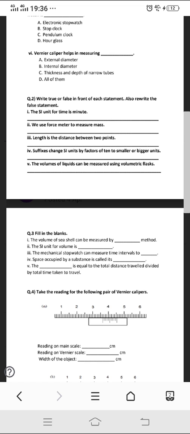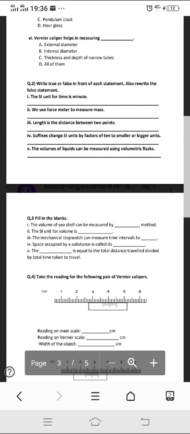So milli in this case is a prefix. Prefixes are used to change the SI unit by factors of 10 to smaller or bigger units. That's called a prefix, not a suffix, because a suffix is something that comes after. It isn't meter milli, it's millimeter, right? So we are going to go with the prefix. So this statement is wrong because it talks about suffix.